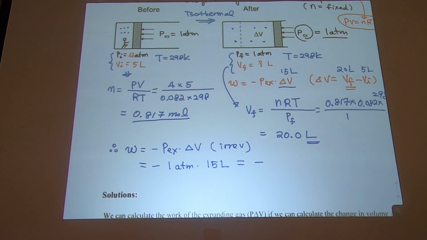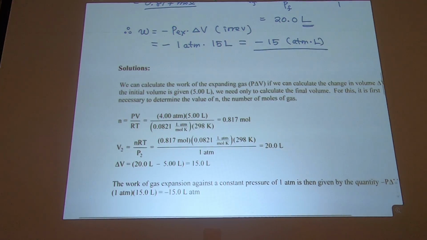Your answer is minus 15 atm liter. That's your answer, and it is the same answer here too. If you go down, you'll see that the answer is minus 15 liter atm.